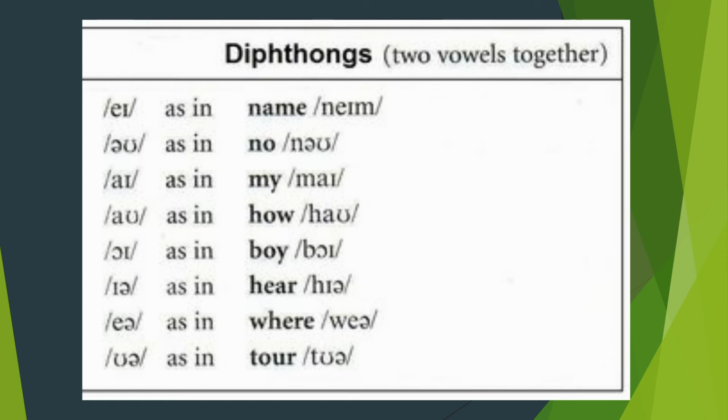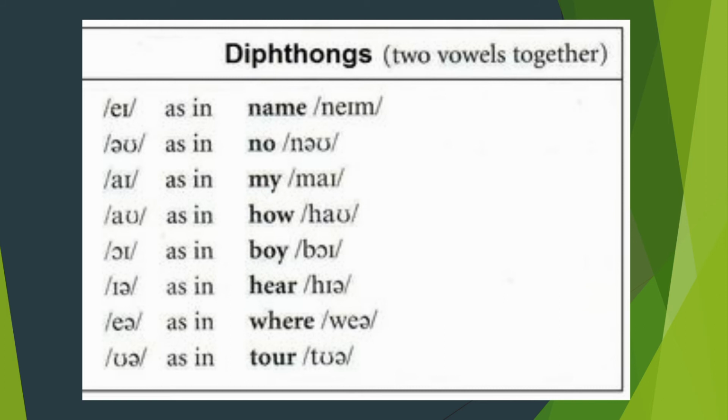That is giving A sound, a diphthong sound. So that's why NAME is not name, it is name. In the same way, second example diphthong is ow, that is N vowel. Now we say that one as no.